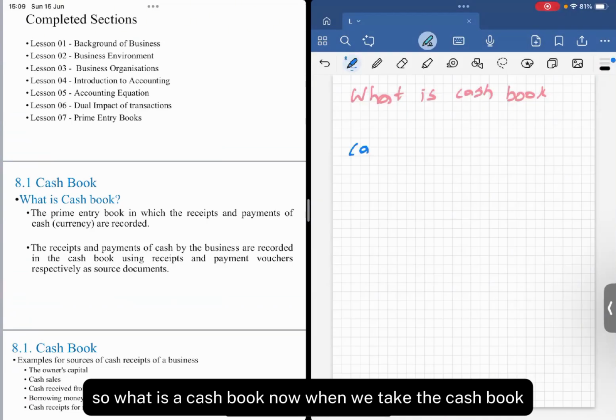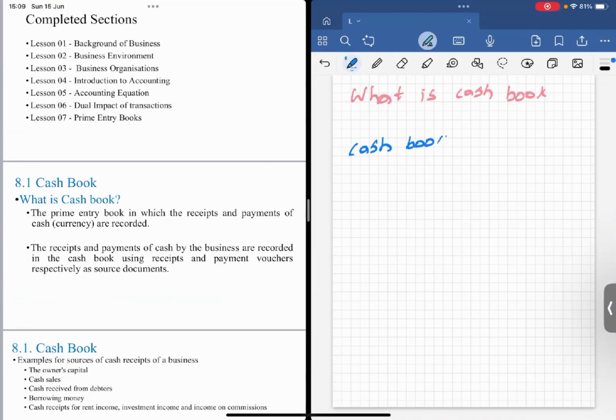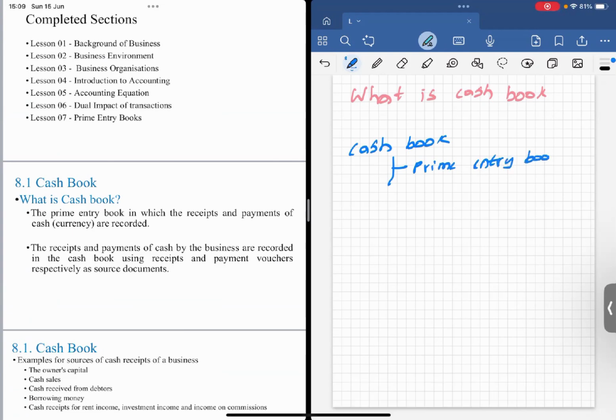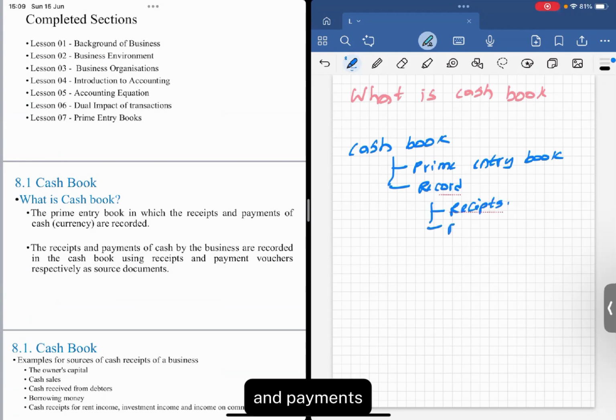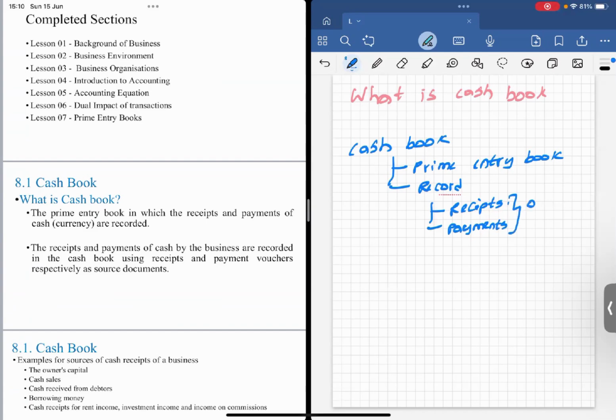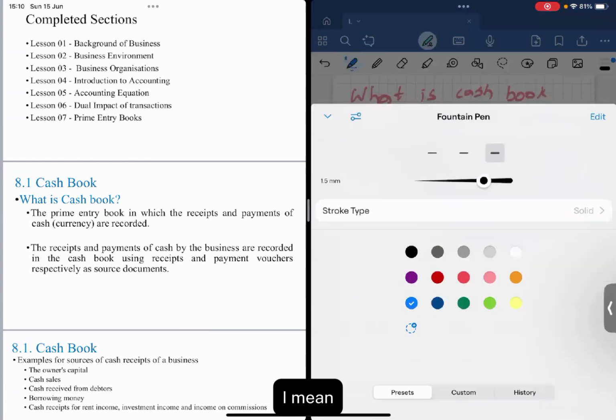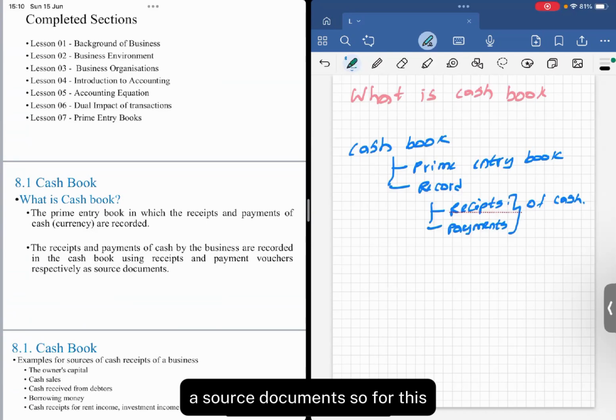Now, the cash book is a prime entry book, and we record receipts and payments of cash. And what do we use as source documents?